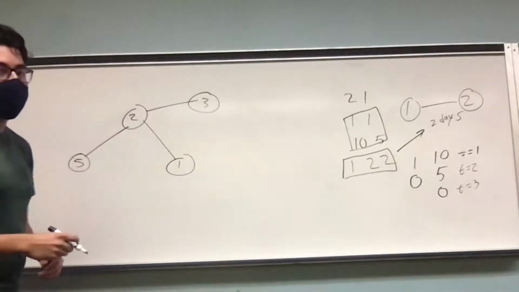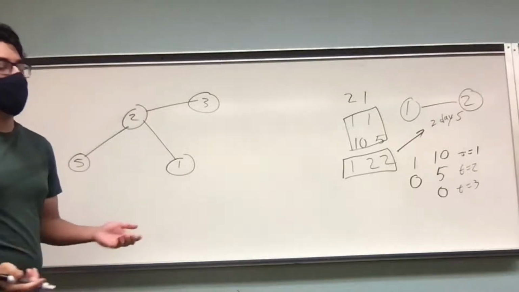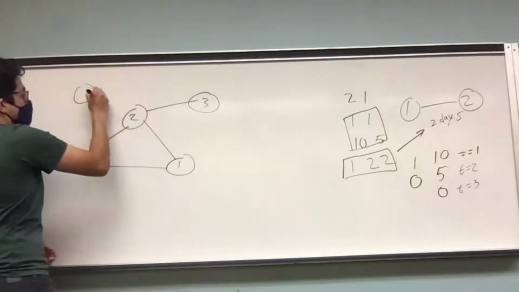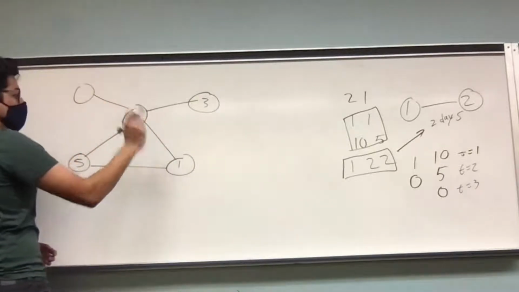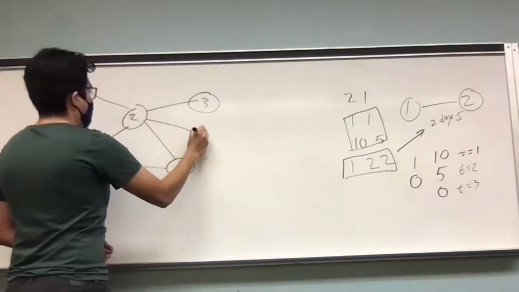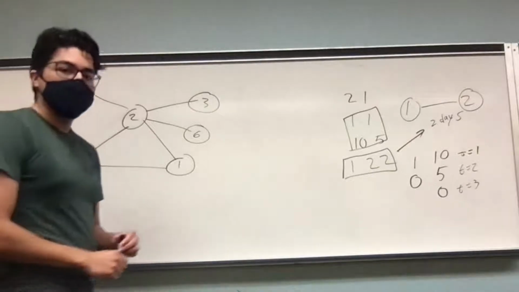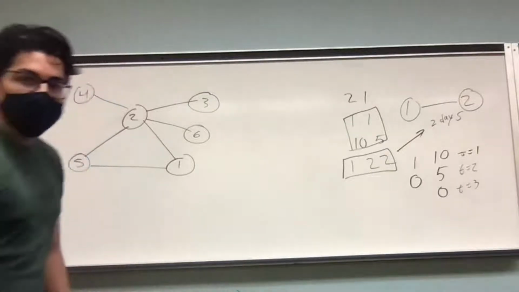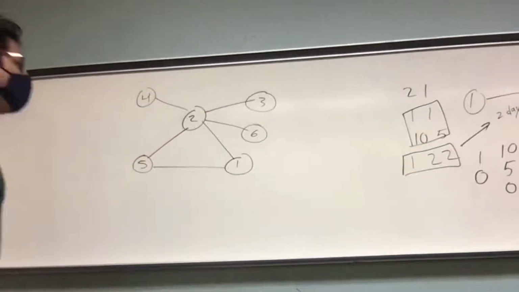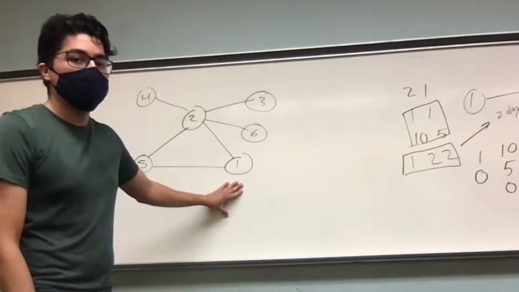And the problem statement doesn't say that this graph we're given is a tree, so we can even have cycles in it. 1, 2, 3, 4, 6. Alright. So from this graph, let me move this. There. Awesome. So from this graph, we always start off from mine 1.